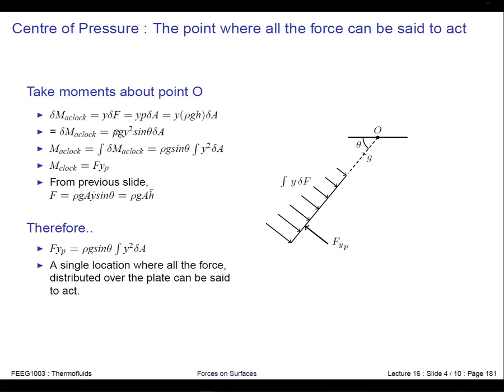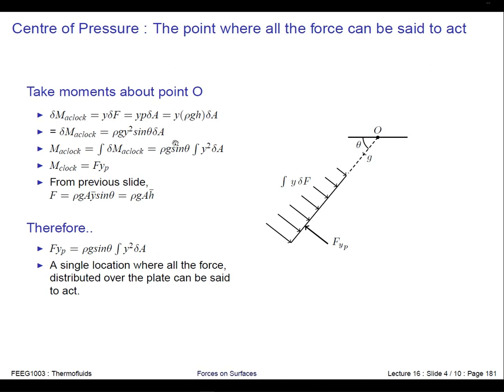So here's my elemental moment, and my force is the pressure times the elemental area, and my pressure is equal to rho g h, and I convert my h into y sine theta, so I end up with my elemental moment equal to this thing here.